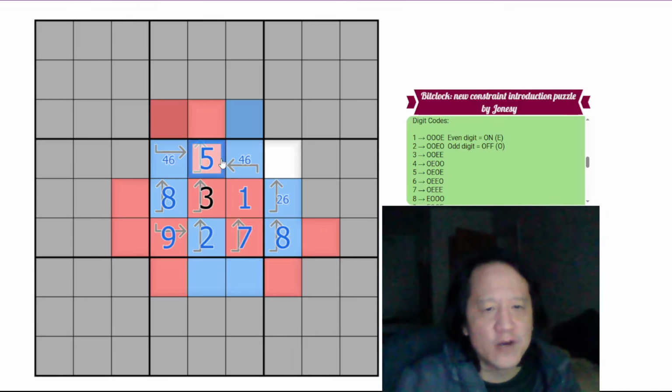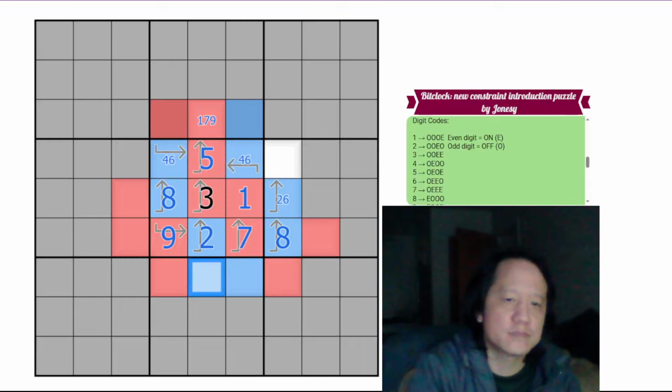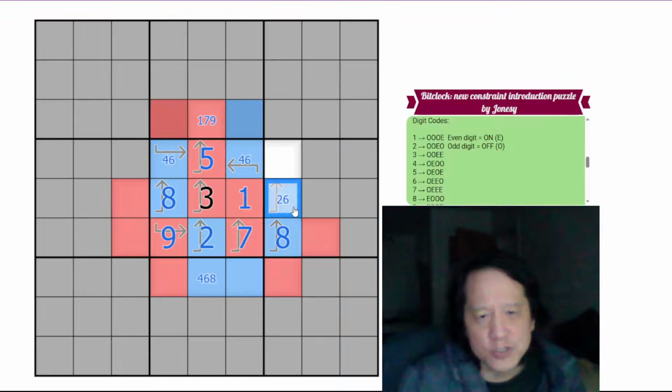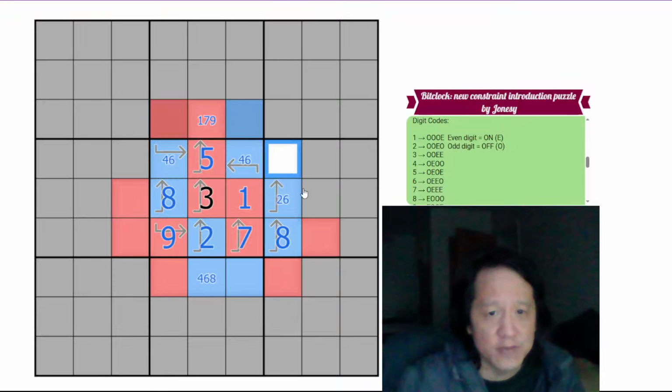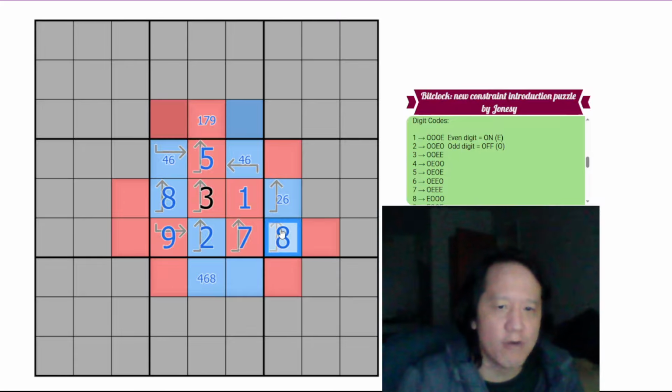This is 1, 7, or 9. 4, 6, 8. 2 or 6. The 8 bit is turned off, so this is odd. We don't know about this. 2 bits turned on.